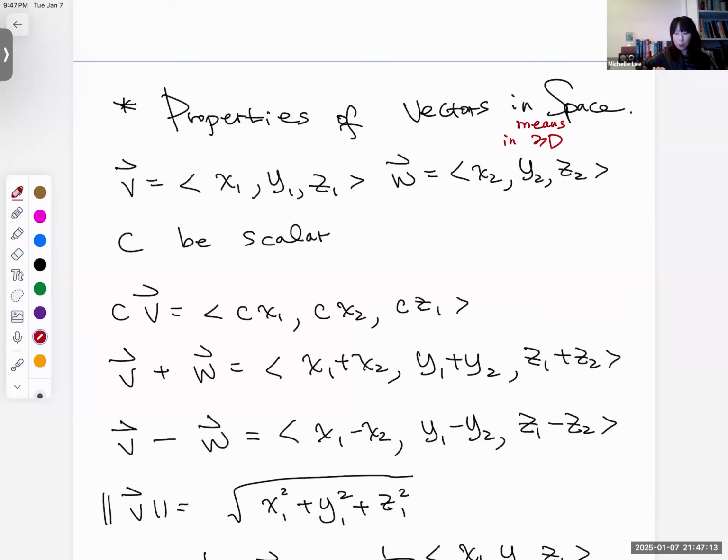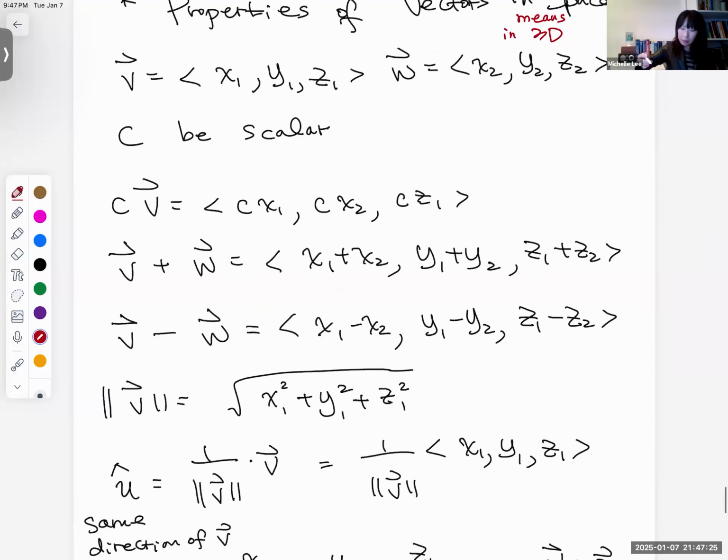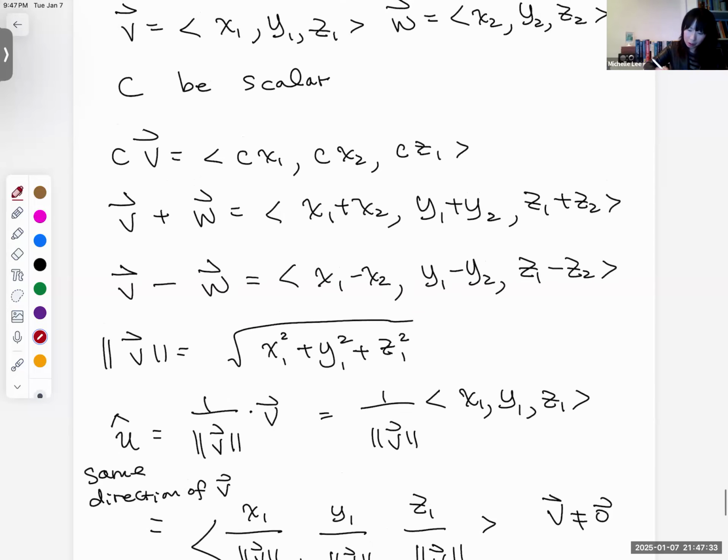Vector v has the component form x sub 1, y sub 1, z sub 1, w equals x sub 2, y sub 2, z sub 2, and c is a scalar. Then we have scalar multiplication, vector addition, and subtraction.